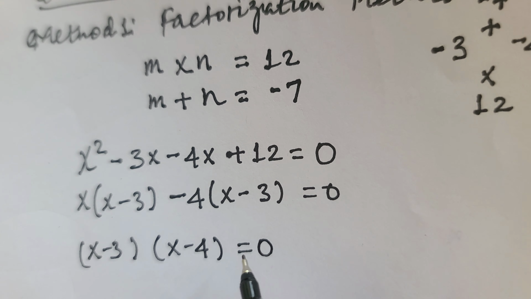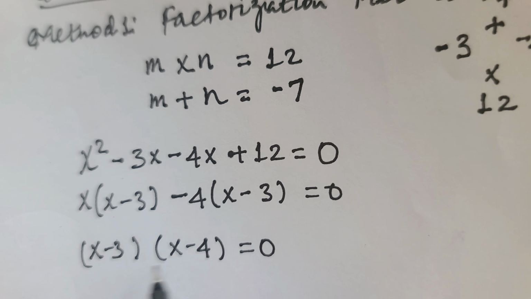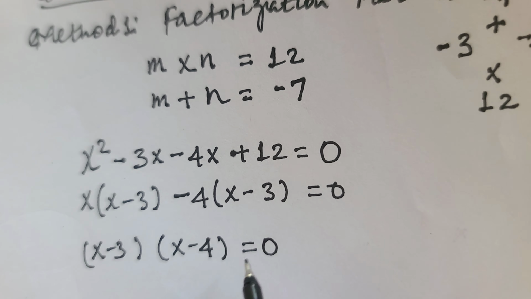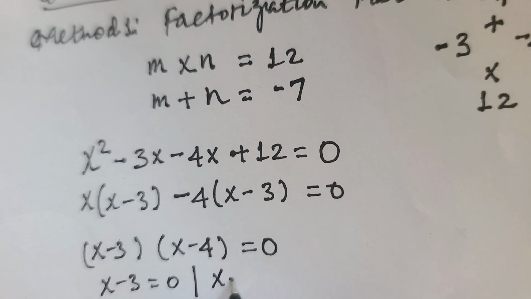Now the first quadratic expression has changed to two factors: x minus 3 times x minus 4 equals 0. The product of those two expressions equals 0 means either x minus 3 equals 0 or x minus 4 equals 0.